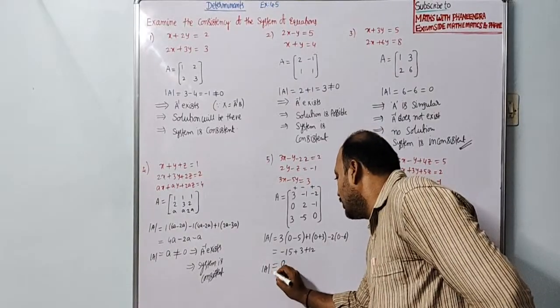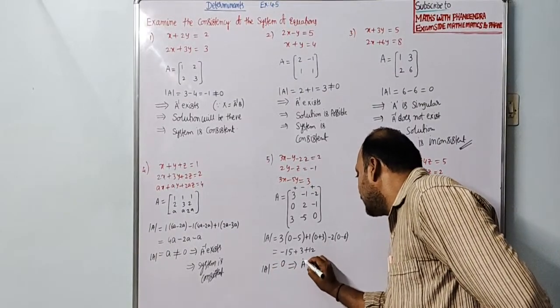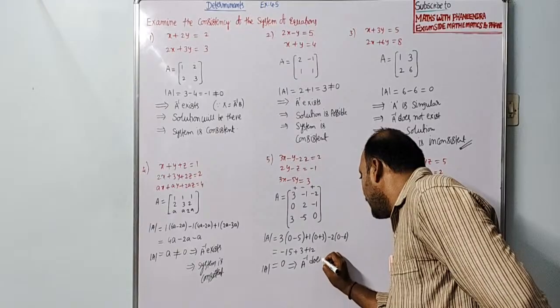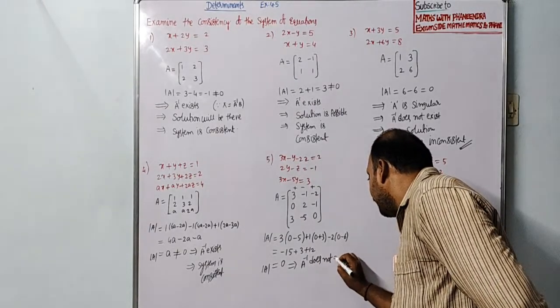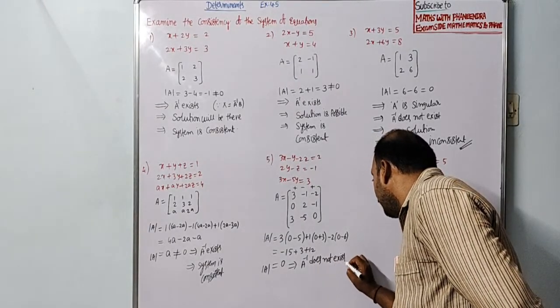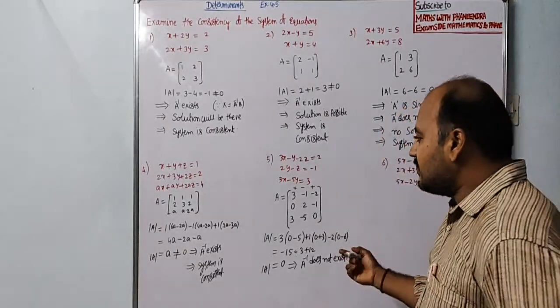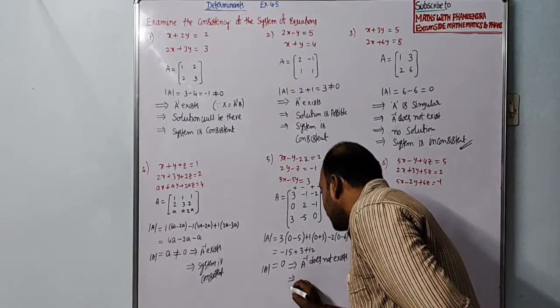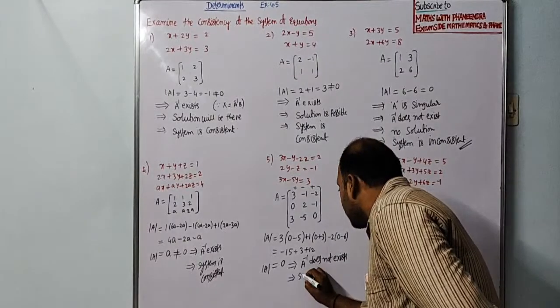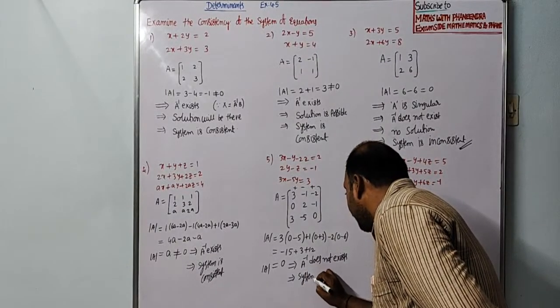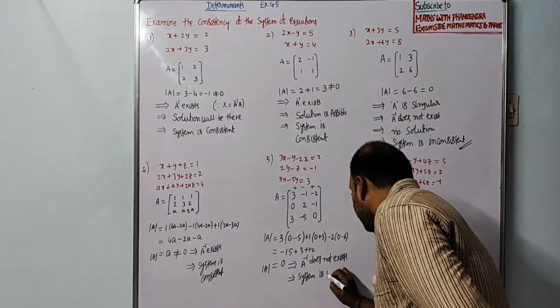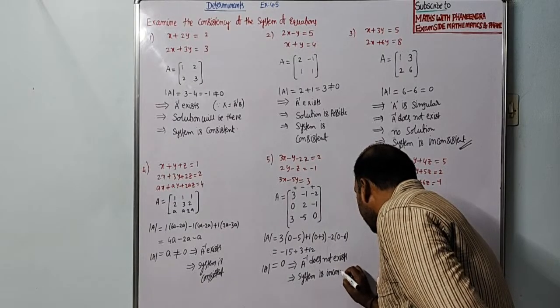Whenever delta equal to 0, inverse does not exist. A inverse does not exist. That implies that the system is inconsistent.